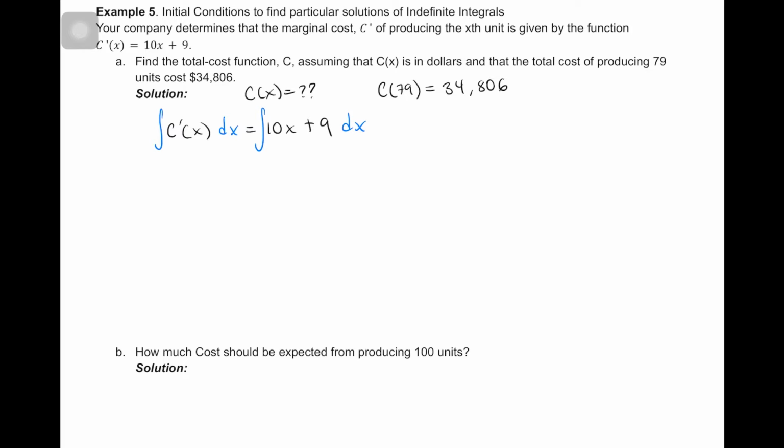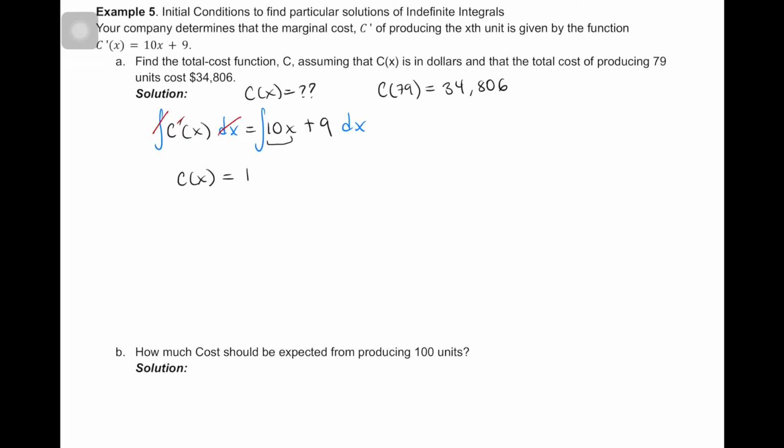So this will cancel each other out, right? Giving us C of x, and then the integral or the antiderivative of 10x plus 9. All right, so let's do one term at a time. Let's focus on the first one. To take the antiderivative of 10 times x, we have to do the constant multiple rule.